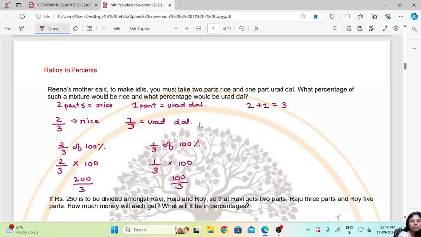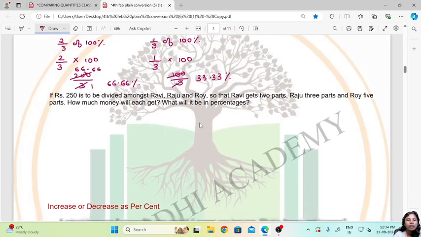So we will get, say, this is 3 1s, this is 3 6s, so 2 6 18, and again 2, so 6s, so again 2, so this will be around 66.66%, and this will be around 33.33%. Okay, so like this we can find the percentage from a given ratio.